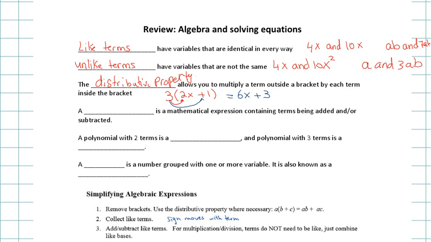Now, are you guys okay with this distributive property? We're going to see it a lot, and I'm going to refer to it every single time, so remember. Then we're going to move on to what we call a polynomial. Poly means multiple.